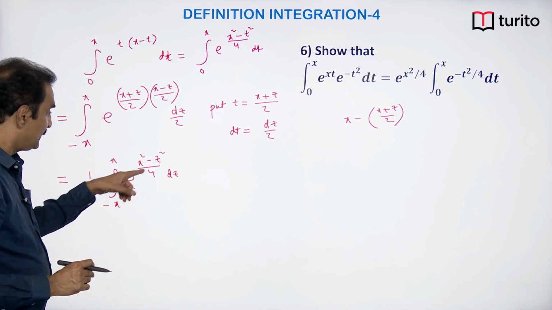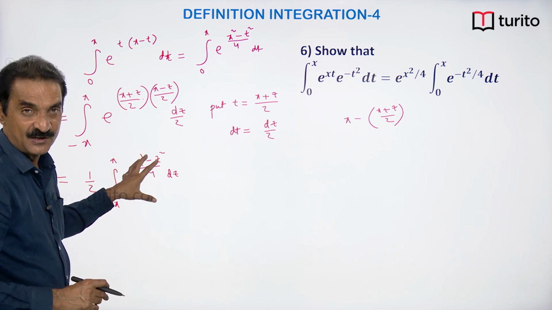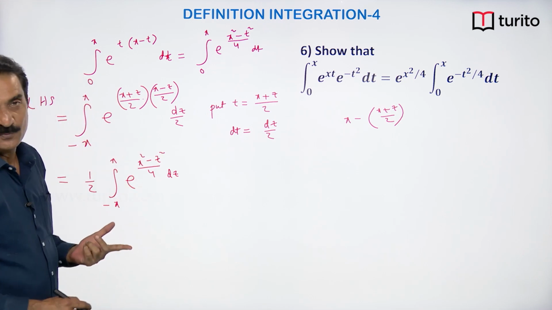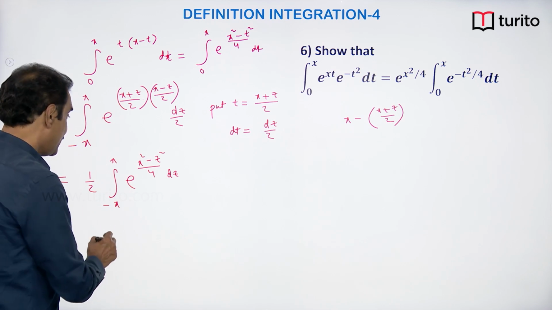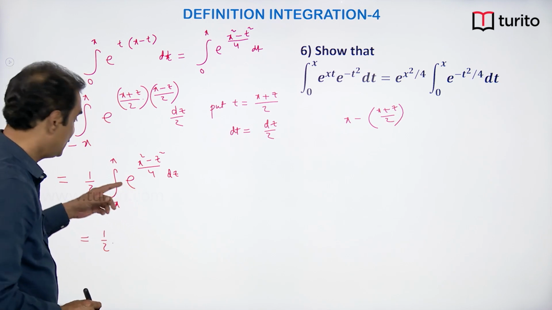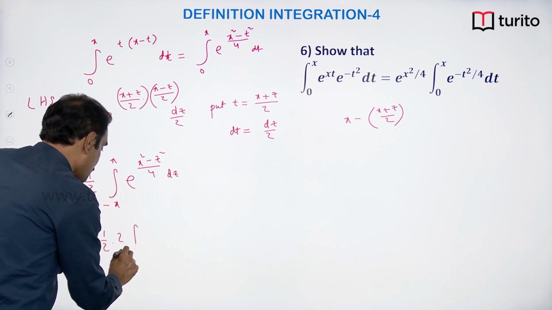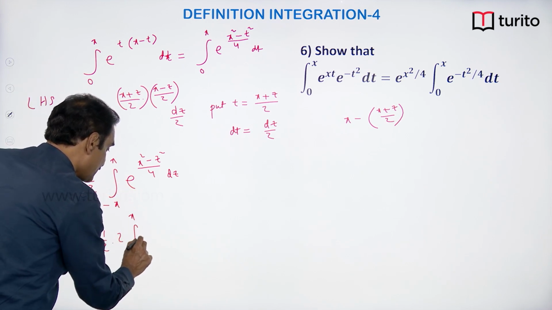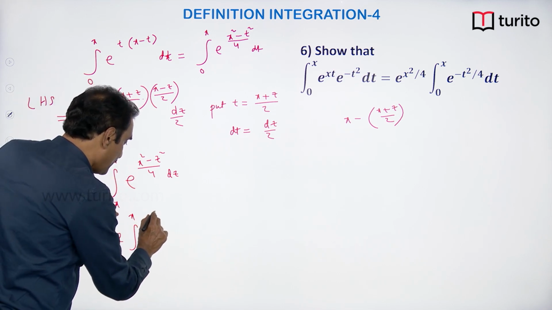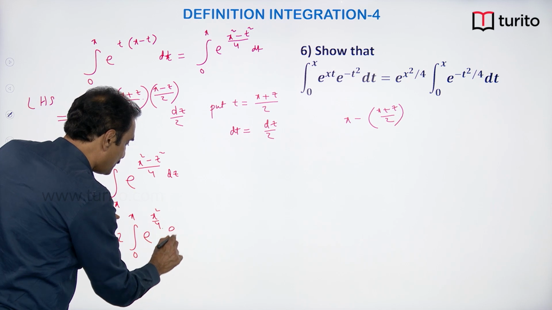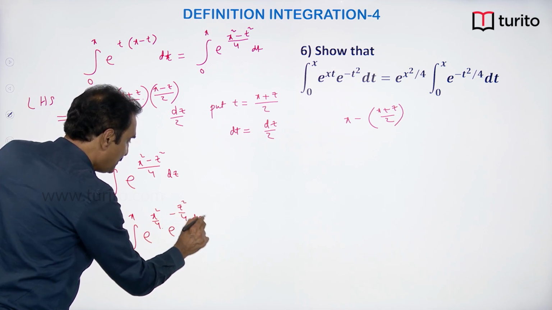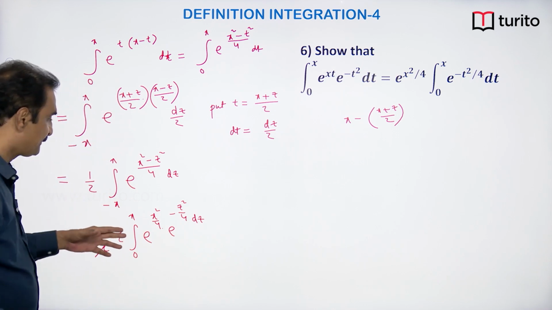Now, in terms of z, this is an even function; replacing z by minus z, it remains the same. The limits are minus x to plus x, so what can you do? By the even function property, you can write this as 2 integral 0 to x of the same function, e power x square by 4 into e power minus z square by 4 dz. The 2 cancels.